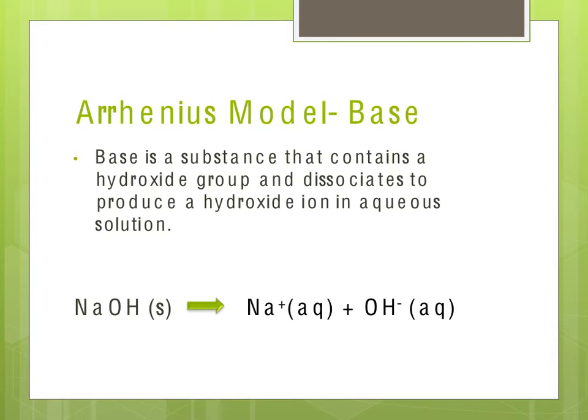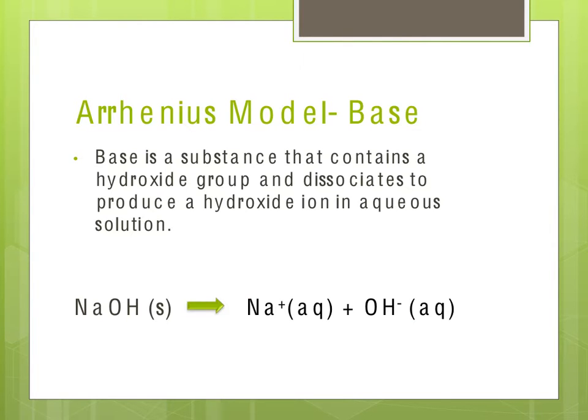An Arrhenius base is a substance that contains a hydroxide group and dissociates to produce hydroxide ions in aqueous solution. Again, dissociate means ionizes as well. So a base is anything that contains a hydroxide group. A hydroxide is OH, so sodium hydroxide will produce sodium ions and hydroxide ions in aqueous solution when it is dissolved in water.